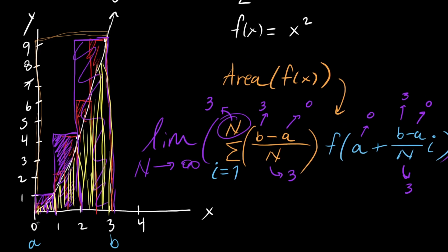And in order to find the area under this, we have to take the limit, which helps us add infinitely many rectangles to approximate the area under here. And the approximation becomes equal to the area under here once big N, the number of rectangles, goes to infinity.